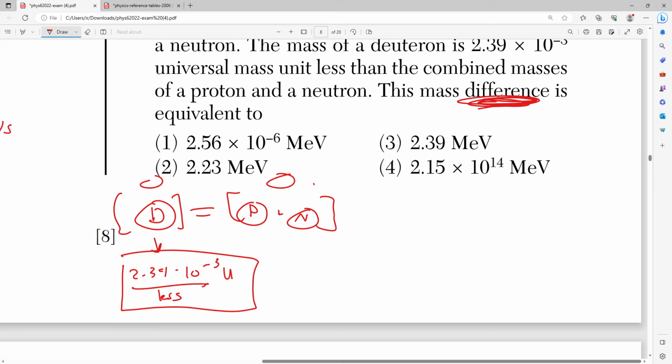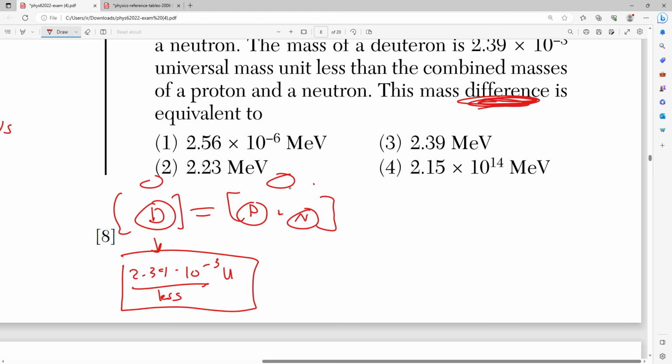If here I have something worth $15, and here I have something worth $20, the difference is 5. So if they ask me for the value of that difference, it's just going to be 5. It's going to be this side minus this side. So this side's mass minus this side's mass is equal to 2.39 times 10 to the power of negative 3 universal mass units.